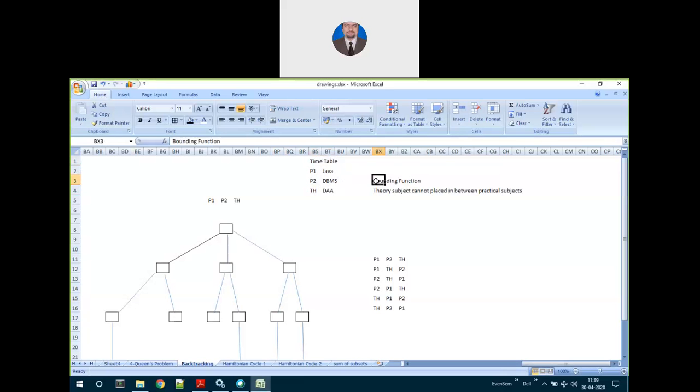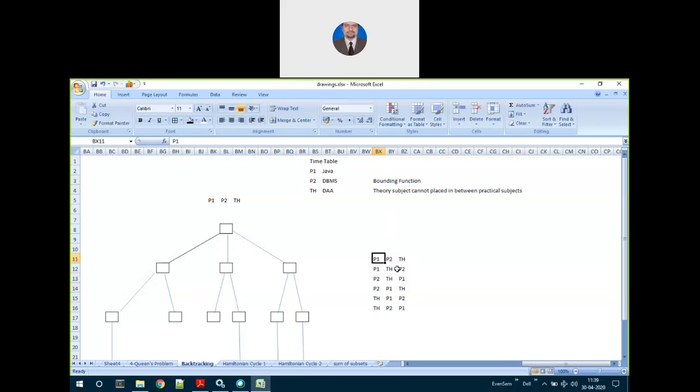Then what is the bounding function? The bounding function specifies that a theory subject cannot be placed in between the practical subjects. So we need to restrict our solution with respect to this bounding function. Keeping in mind these three subjects, we may have different types of solutions, wherein we may or may not meet the bounding function.